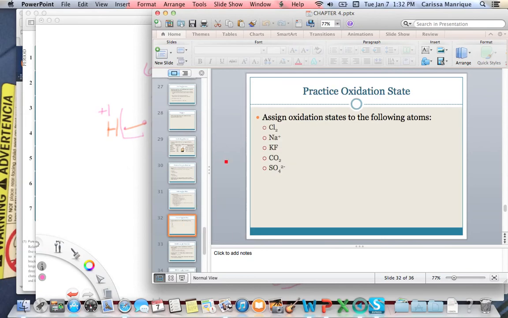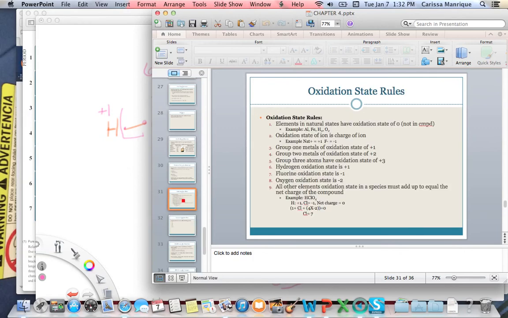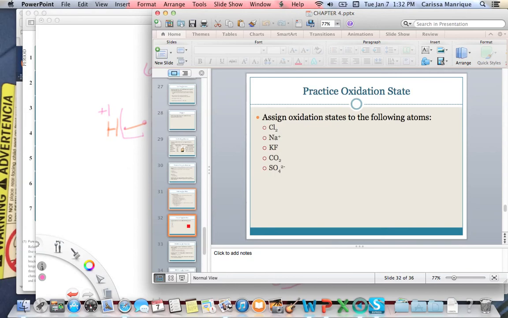Well, let's actually do these. Cl2: you see chlorine's not bonded to anything else, it's just bonded to itself, so the oxidation state is 0. If you have an element that's only bonded to itself, then it's 0.